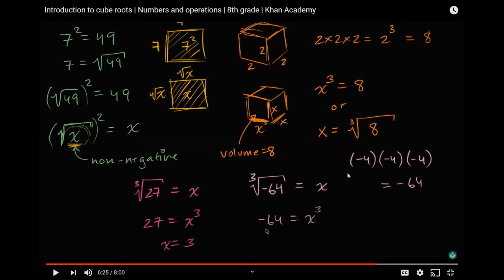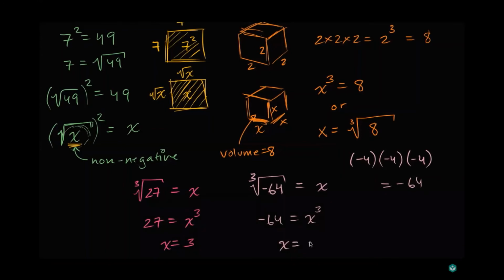But when you do the opposite, a positive number times a negative number gets you a negative number. So negative 4 times negative 4 will be a positive 16. But when you do positive 16 times negative 4, it gets you negative 64. It will not be a positive. Okay, I hope you guys got that. Well, x could be equal to negative 4.